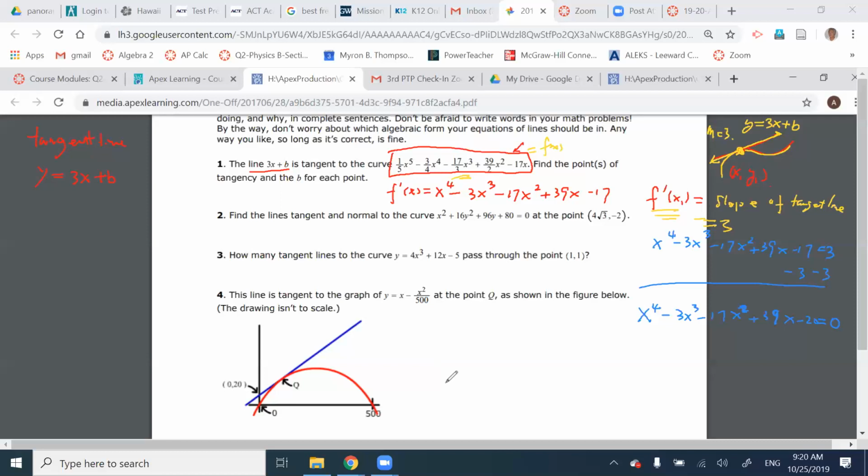So when we have Y equals, we key in x to the 4th power, minus 3x cubed, minus 17x squared, and a plus 39x, minus 20. Can you follow me so far?